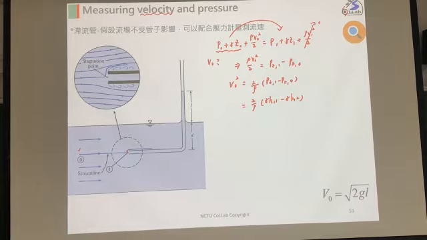Oh sorry, I changed this. This is 0. Okay, so what is head 1? Head 1 means the point here. So head 1 is the total height, which is L plus D.